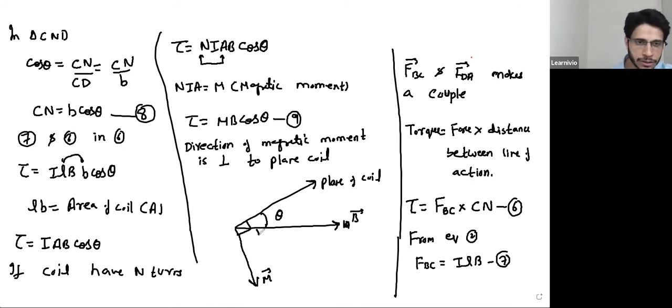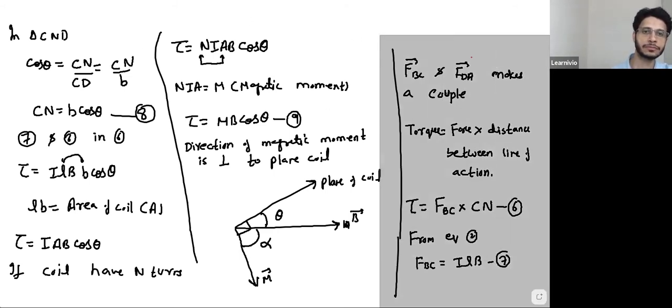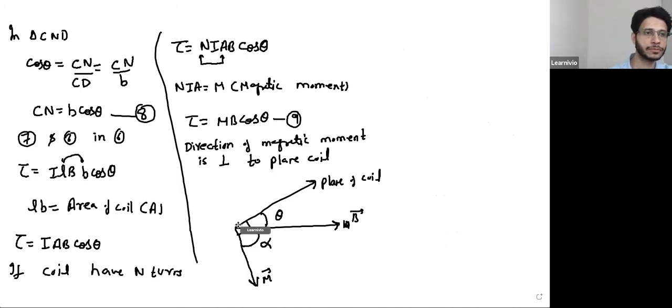Okay, now tell me how much is this angle? I name this as alpha. So if I add theta and alpha, I would get 90 degrees. So I can write this as theta plus alpha is 90 degrees, or you can write theta as 90 minus alpha.